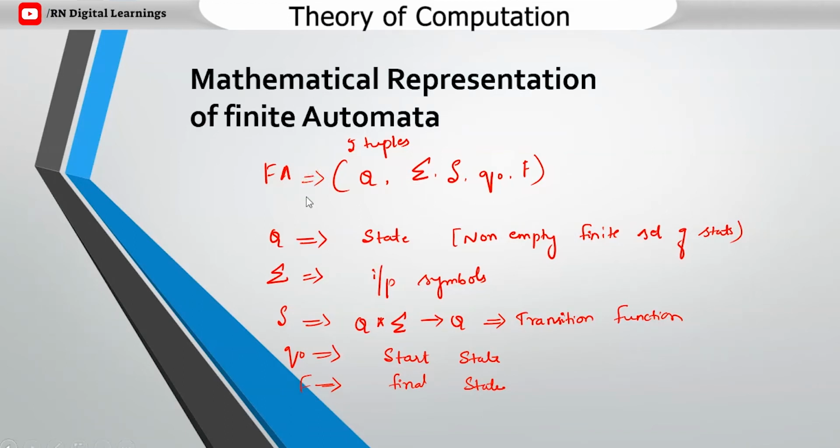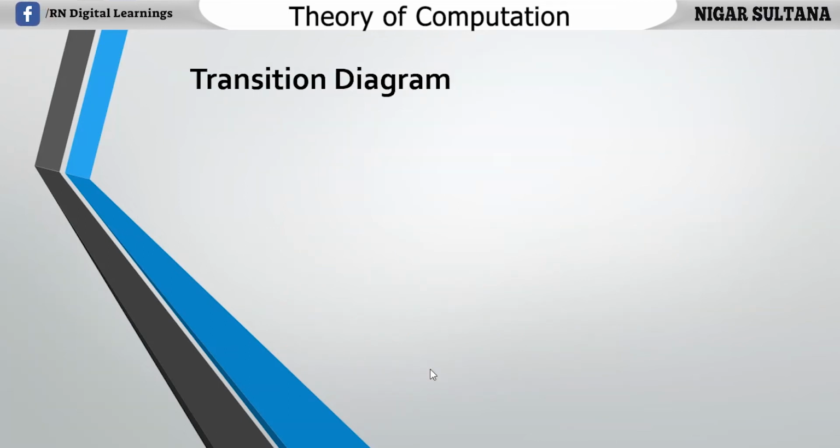In the representation of the finite automata, it includes the 5 tuples, that is Q, sigma, transition function, Q naught and F. So Q indicates the state, which is a non-empty finite set of states. Sigma indicates the input symbol, that it can be A, B, C or anything. And this is a function where the state is multiplied by sigma, which gives another state. Next comes the Q naught, which indicates the start state, and F indicates the final state.